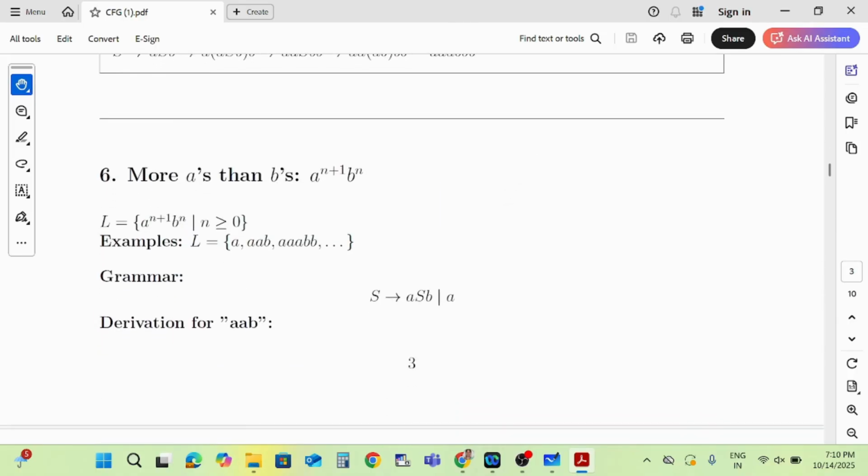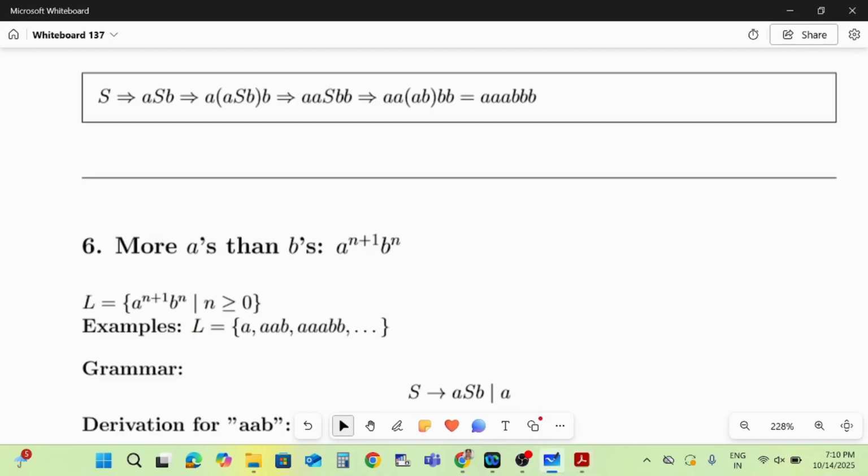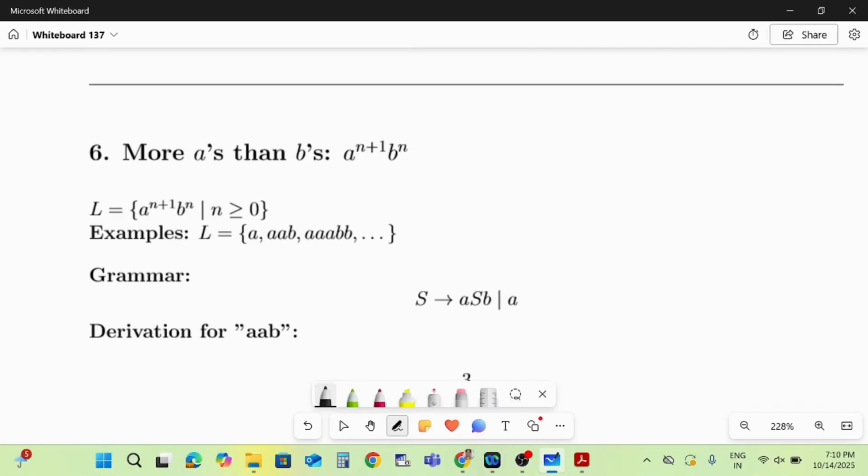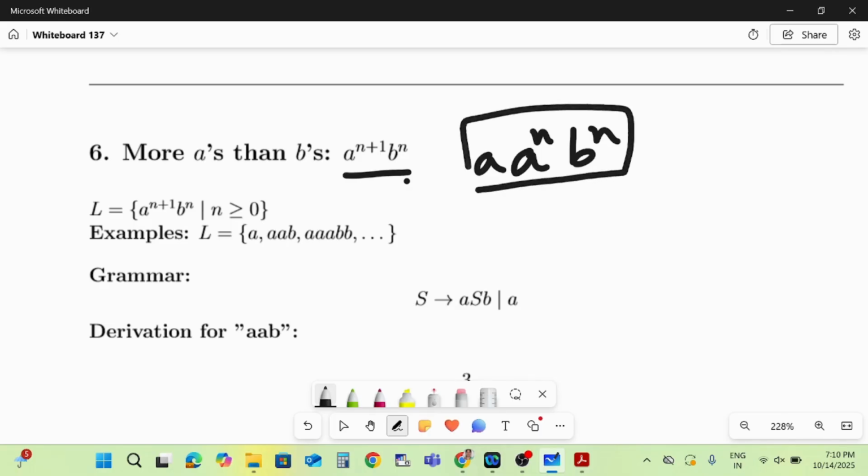Similarly, here we have a power n plus 1, b power n. This can also be written like this. Let us go here and see the problem statement. It is a power n and b power n, and one a is extra. So this is equal to a power n and b power n, only the terminator will be equal to a.